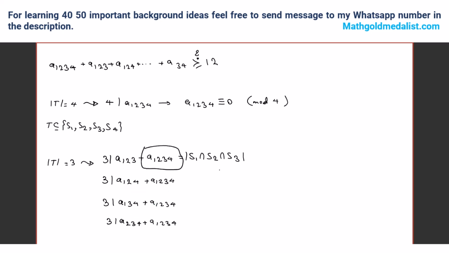But A1, A2, A3, A4 is the same in all of them, right? So do you agree we can say these 4 variables are congruent mod 3? And all of them are congruent to negative A1234 mod 3. Agreed?